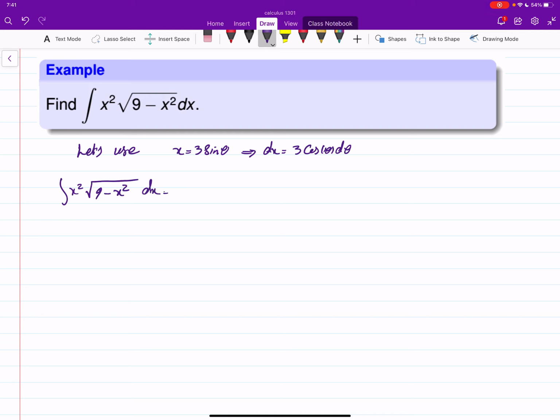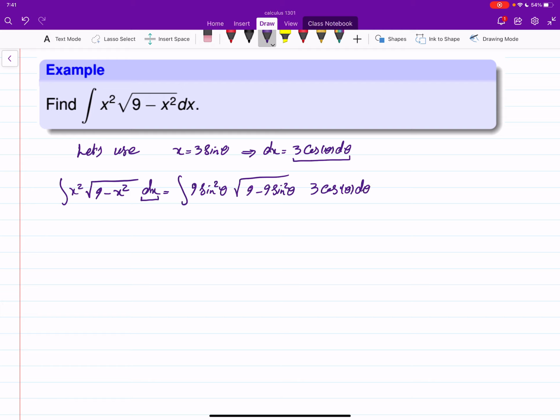Let me show you here. Unlike the other substitutions, in trig substitution, changing is easy. Just 3 squared is 9 sine squared theta, so 9 minus 9 sine squared theta. And then for dx, we have this whole thing to replace.